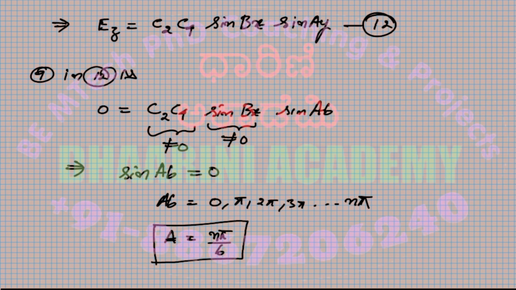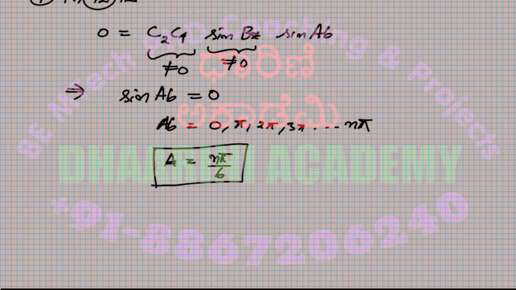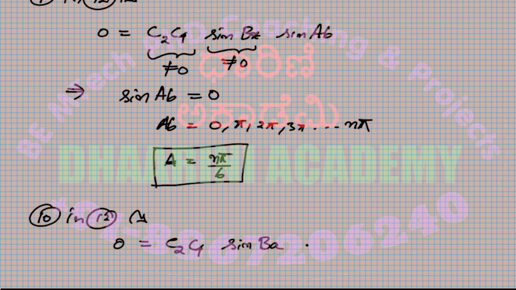Let's proceed further. So equation number 12 still remains as it is, no updation for equation 12. Let's put the next condition, 10 in 12. So the left hand side is 0. So 0 is equal to, we still have C2 C4 sine bx into sine ay.